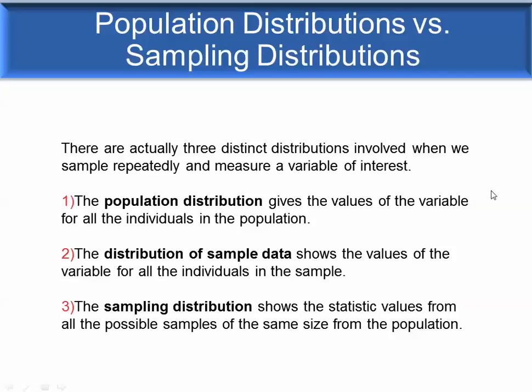So notice the difference in number 2 and 3 here. The distribution of sample data would be the distribution of the actual heights of the people in the sample. The sampling distribution does sound very similar, but it means different things. The sampling distribution is the distribution of the statistic, so the distribution of the means of the different samples that you took within that population.